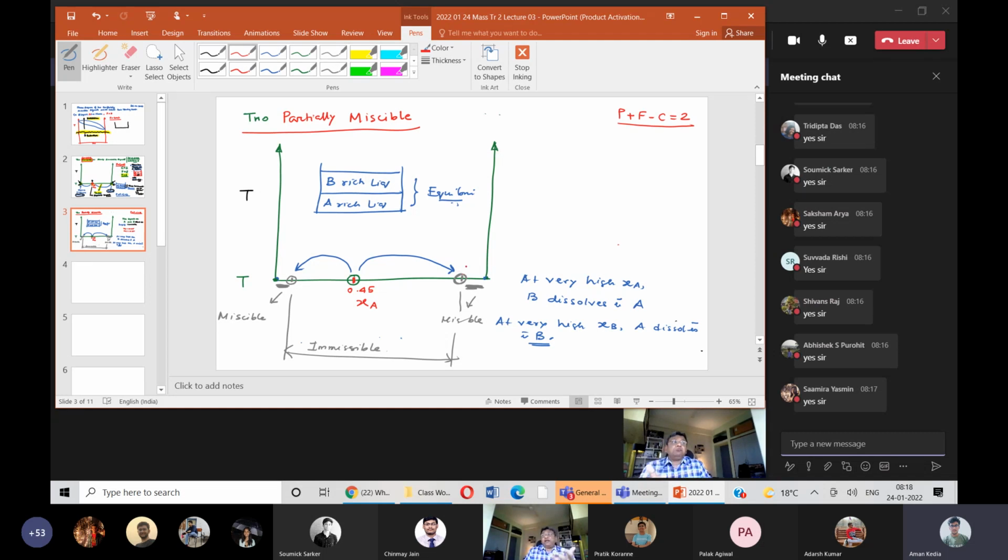On the other hand, if you have an extremely concentrated solution of B, the A might dissolve, and it forms a homogeneous solution.